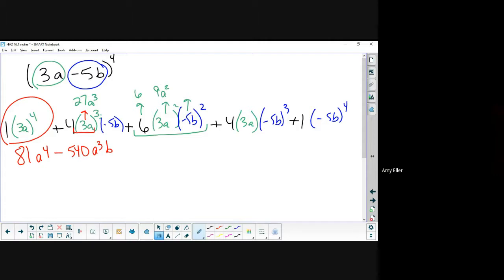Negative 5 times negative 5 is positive 25b squared. All of these are being multiplied, so let's do your coefficients. 6 times 9 times 25. And your variables, a squared and b squared.